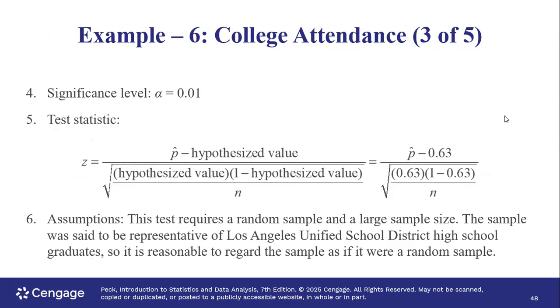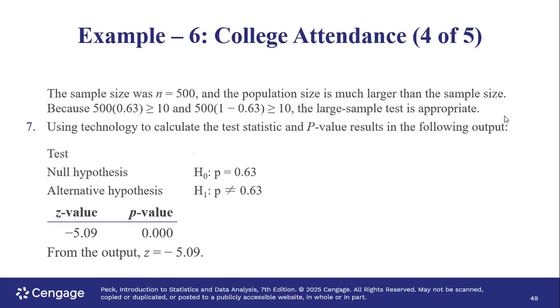We have been given alpha equal to 0.01. Before we get to the test statistic, we should make sure the assumptions are valid. One of the assumptions is that it should be a simple random sample, which is true because we assume this sample is representative of the entire population of students who graduated high school from Los Angeles Unified School District.